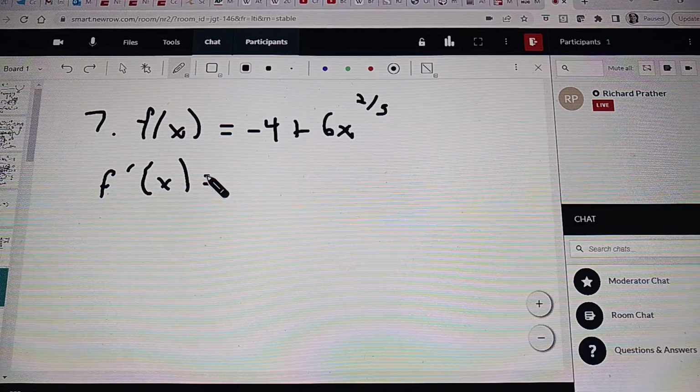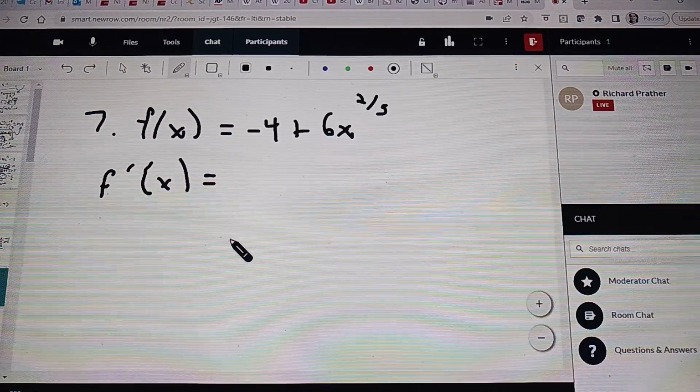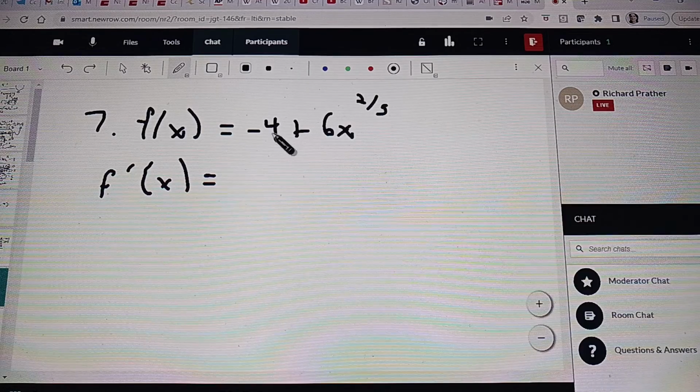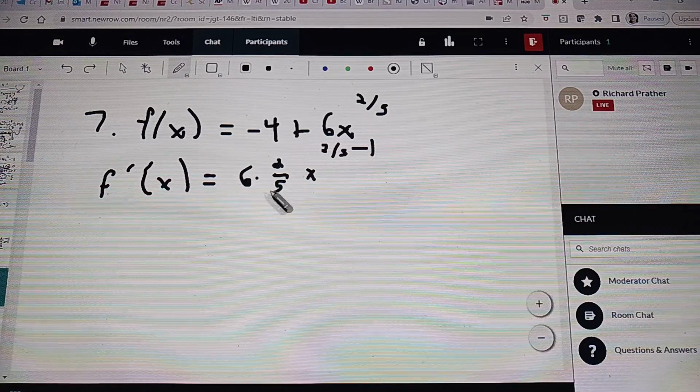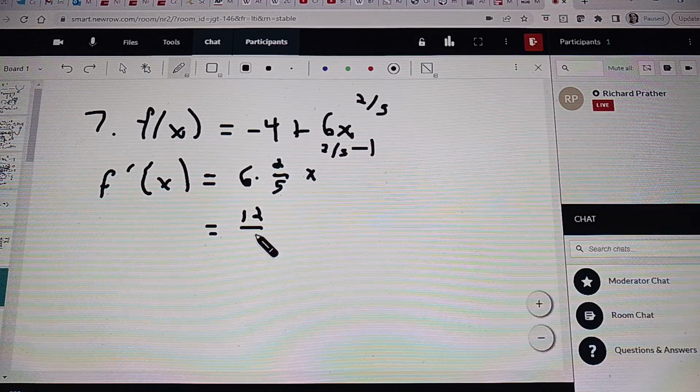The last 2 problems haven't had any critical numbers. The derivative of negative 4 is nothing. The derivative of the other term would be 6 times 2/5 x to the 2/5 minus 1. Power rule. And this unfortunately doesn't simplify, but it would just be 12 over 5.